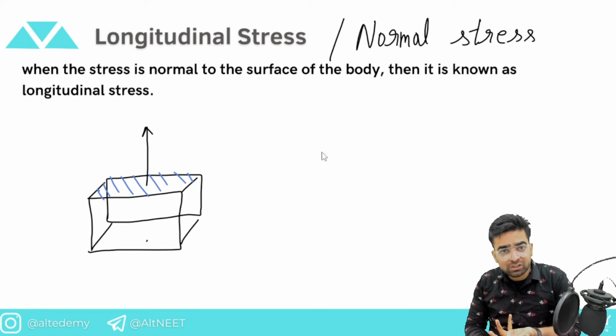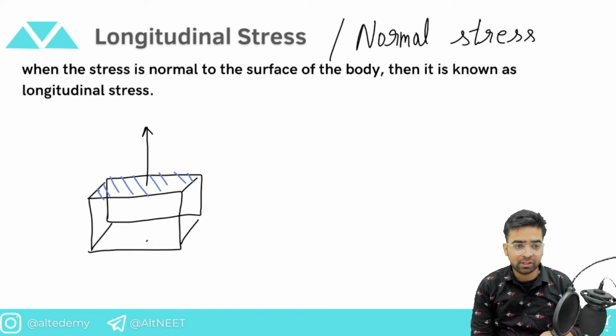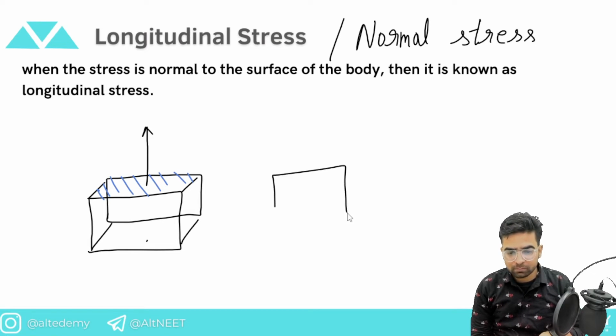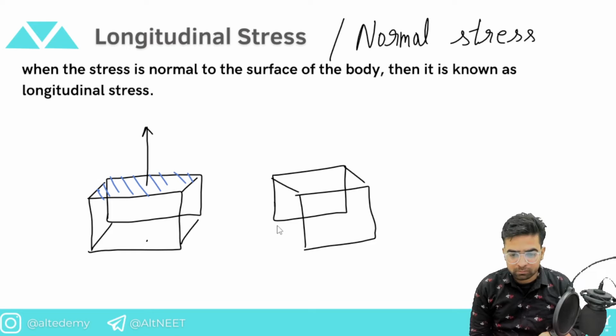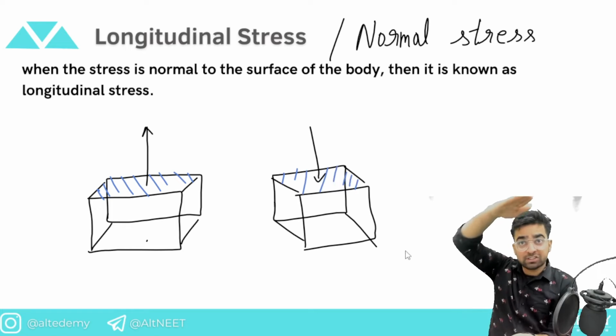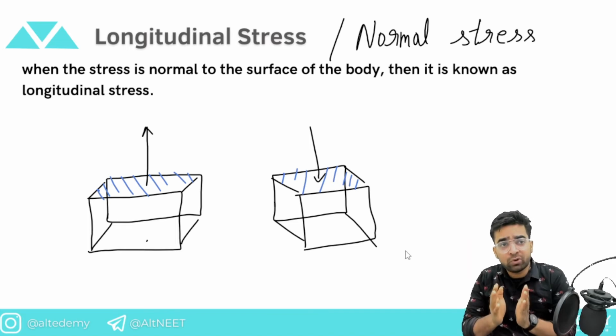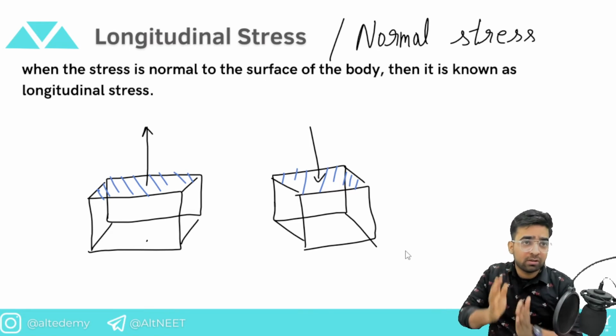And it can happen two ways. It can stretch, extend, or it can compress. If the case is like this, compressing, now we are compressing it, so it is going to decrease the length of the body.